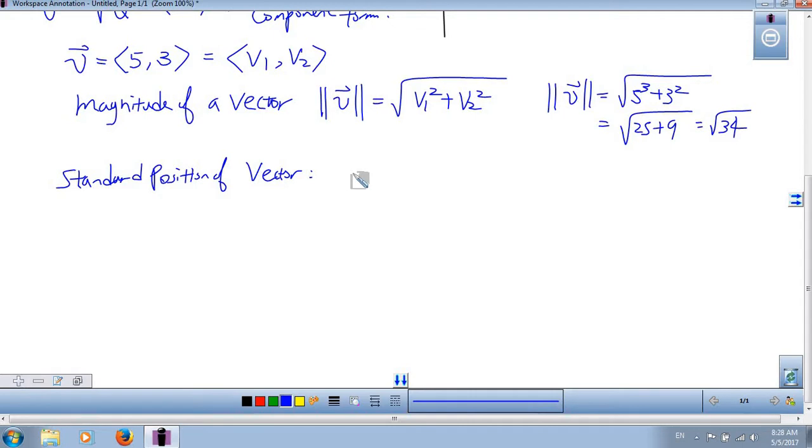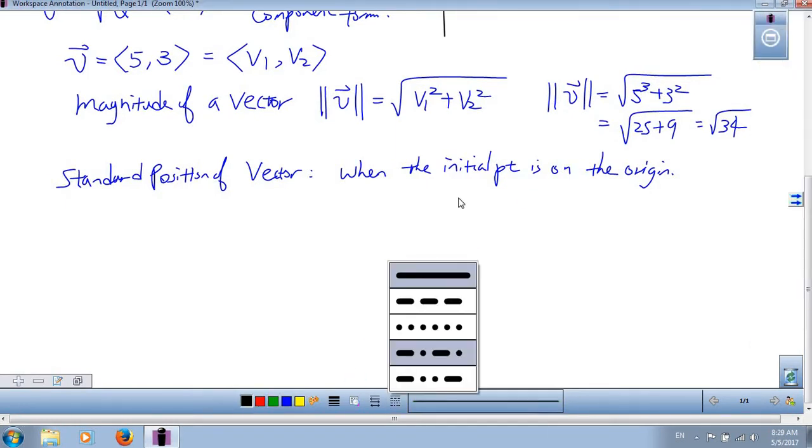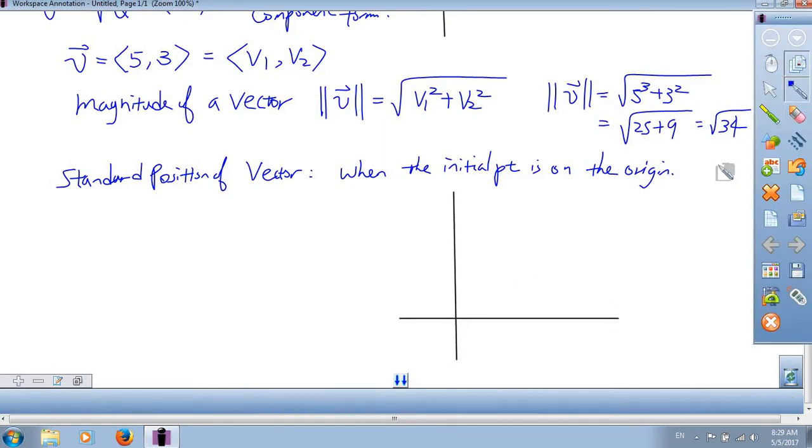It is when the initial point is on the origin. Now, the one thing about vectors is I can move them anywhere I want and they would still be the same vector.